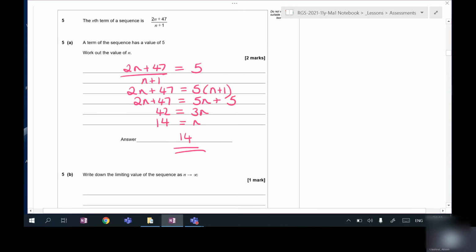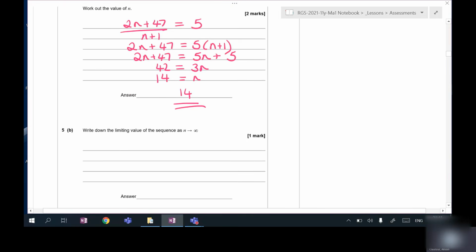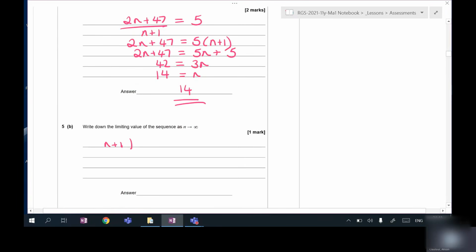Okay, so actually what you could do for this question, if you divide them, so n plus 1 is going into 2n plus 47. So this is quite a good little trick for being able to draw a graph that's quite tricky to draw without a calculator. So n goes into 2n twice, and then I subtract and get a remainder of 45.